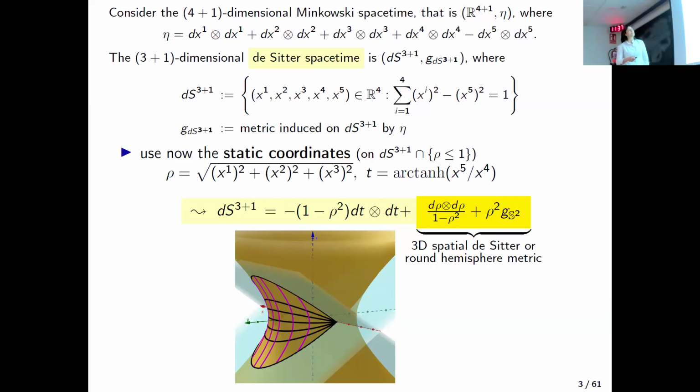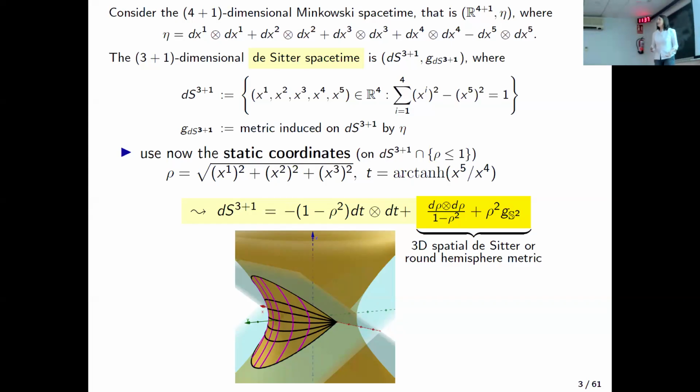And this bright yellow part here is the three-dimensional spatial de Sitter that will be part of my talk. In this picture, which is a two-dimensional picture, this is the metric on each of these halves of S1.